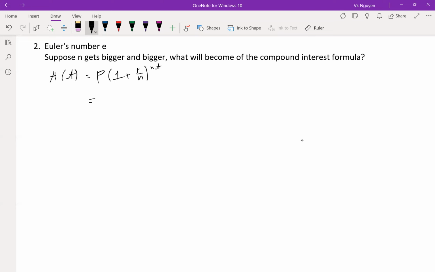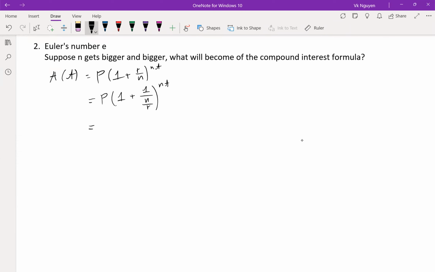We're going to have to do a little rewrite here. So P times 1 plus, instead of writing r over n, we can write 1 over n over r, to the power nt.